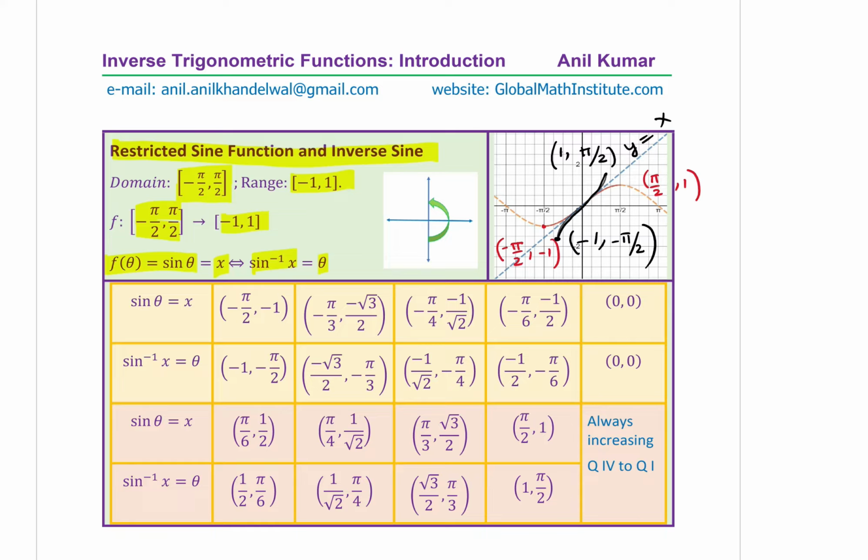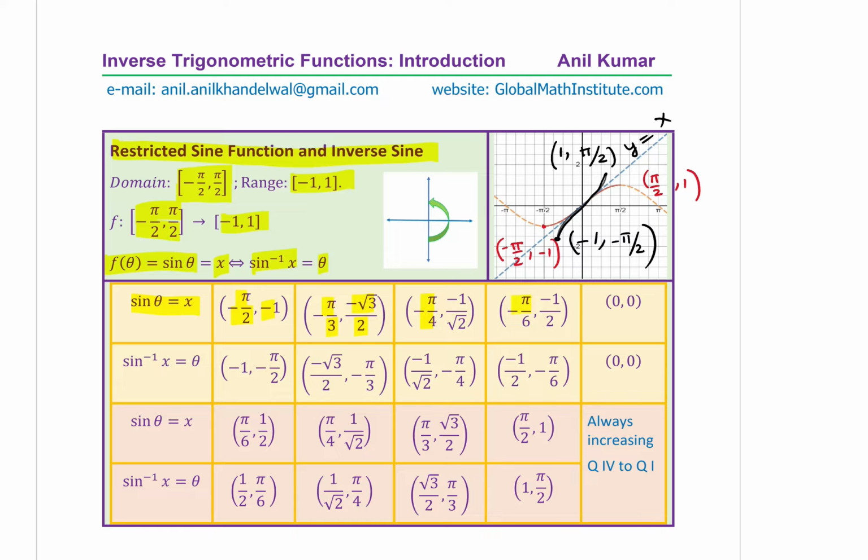Now first, let us see the graph in more detail with the help of our coordinate points itself. So the function sine theta equals x. The minimum value is at minus pi by 2, given to us as minus 1. At minus pi by 3, the value will be minus square root 3 over 2. And likewise, we have given you key points which are of our interest.